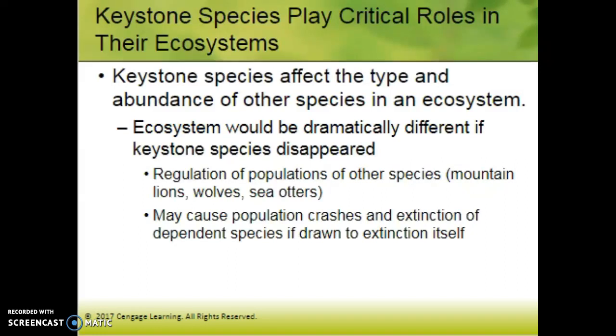You can imagine if sharks disappeared, how that would impact the ocean, or if lions disappeared, how that would impact everything down the food web and down the food chain. Can definitely cause population crashes and extinction of dependent species if that one goes away. So again, just a factor that impacts biodiversity.